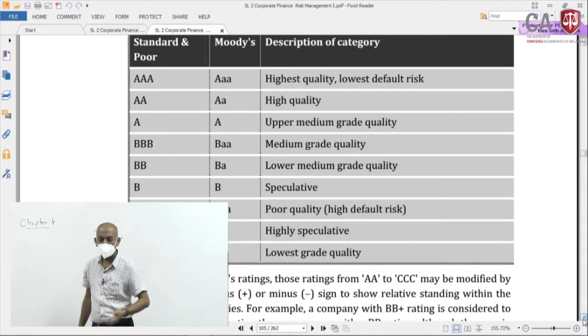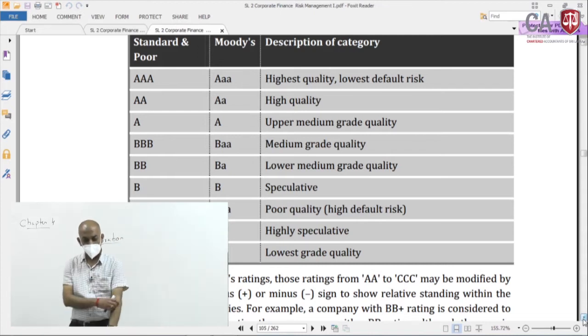Standard & Poor's or Moody's could do that independent task and say this is your rating, AAA, AA, A, BBB, BB, so you have various rankings.